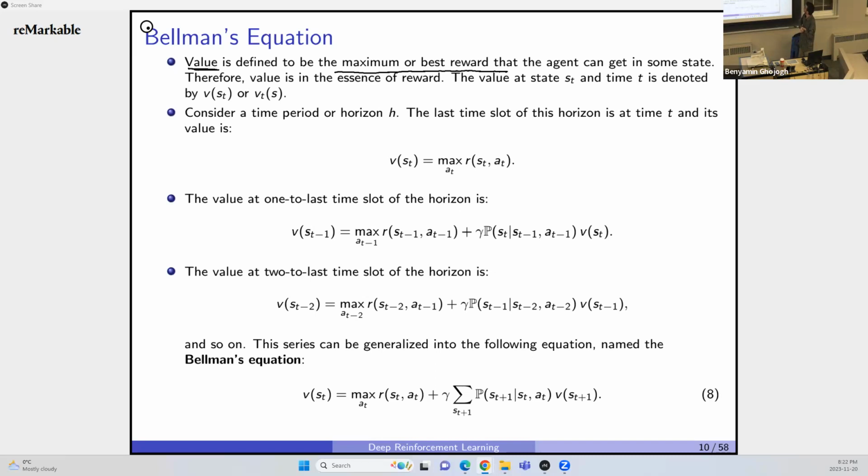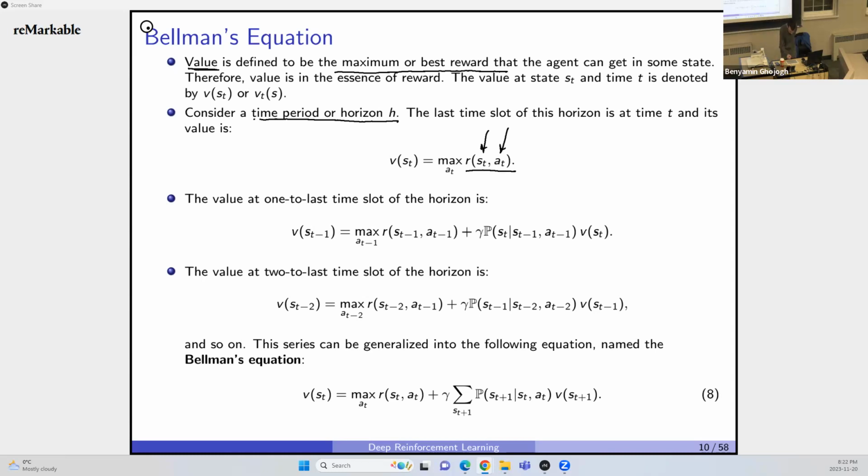Okay, so consider a time period or horizon H. Now for the last time slot, you tell me, what is the value? I just told you. The maximum reward, right? The reward is a function of a state and action. Do you agree? In this state, I do some action, I get the reward.